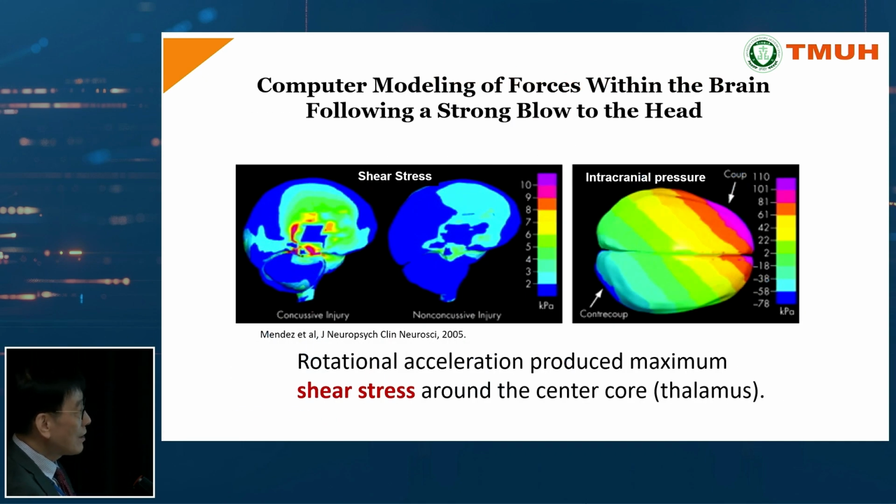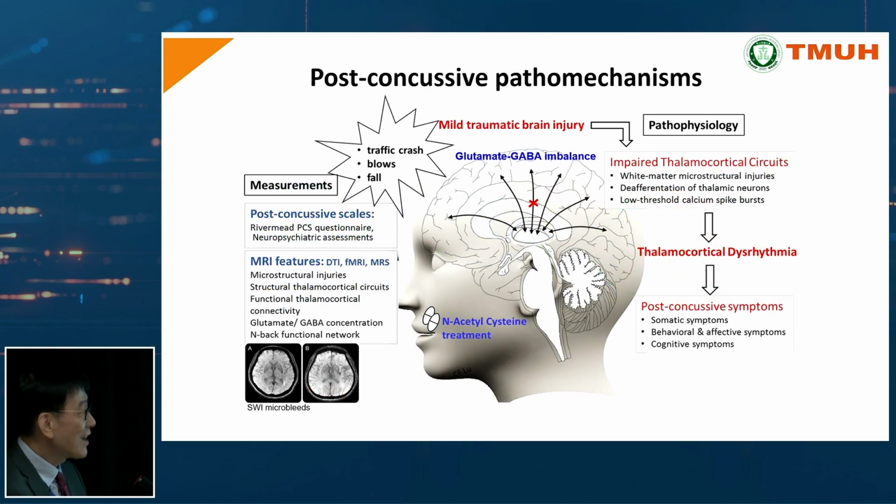In computer modeling, rotational acceleration produces maximum shear stress around the core of the brain, and the core is the thalamus. So in a nutshell, in the pathophysiology of mild concussion injury, though conventional neuroimaging is all negative, the patient actually has thalamocortical circuitry disruption.